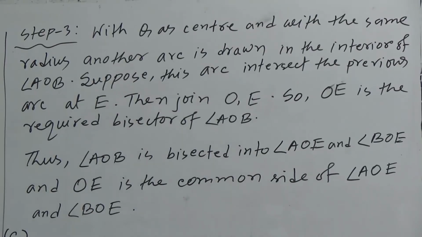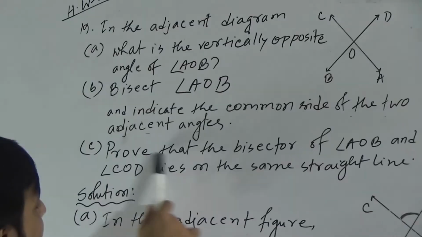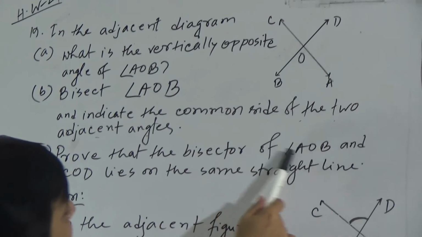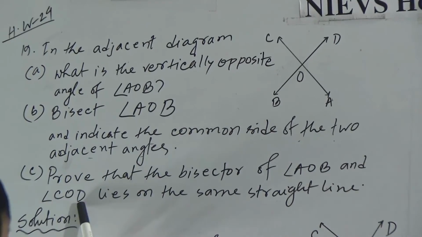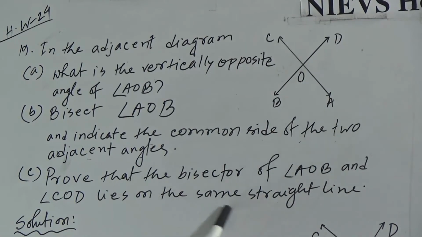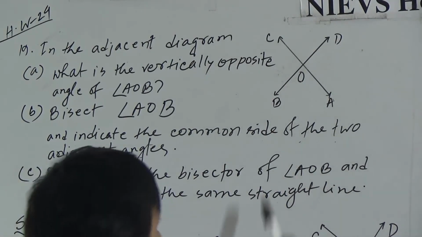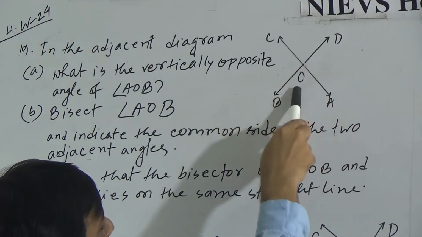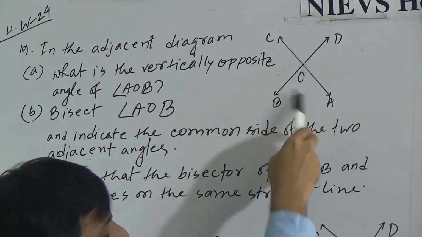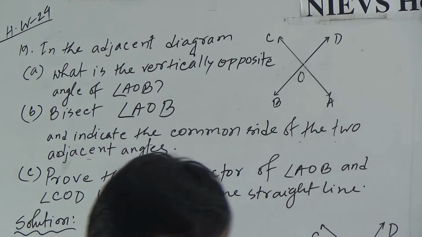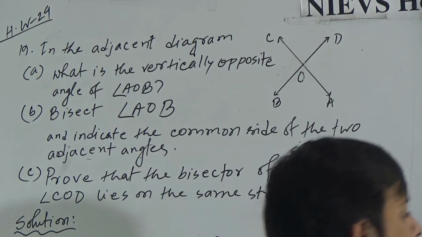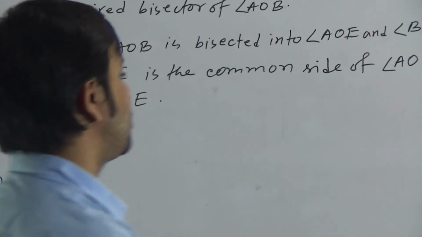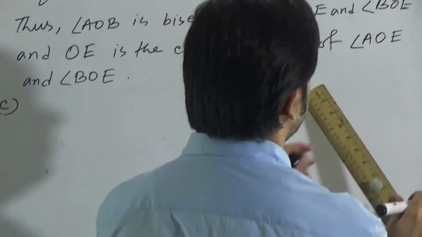Now I will solve question C. Dear students, see the question C. Prove that the bisectors of angle AOB and angle COD lie on the same straight line. It means that if we bisect angle AOB and angle COD, these two bisectors will lie on the same straight line. We have to prove this. So at first we can write the given information and draw the figure again.